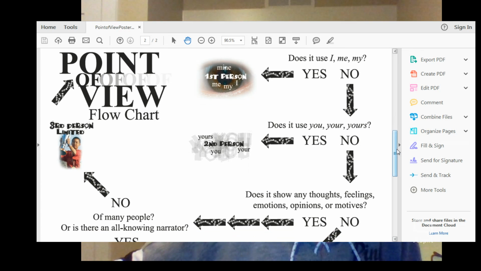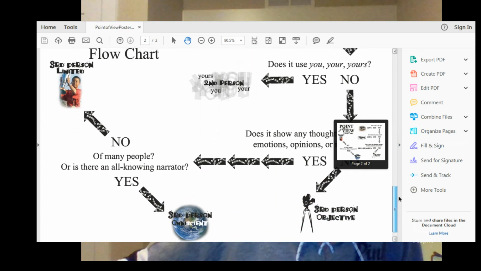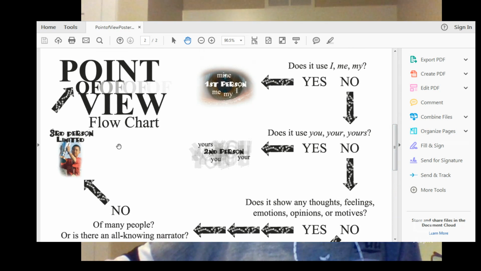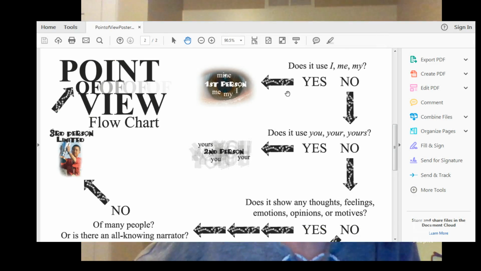Now, here's a little graph that's going to help you know, is this first person, second person, third person, objective, omniscient, or limited? Okay. Does it use I, me, or my? If yes, it's first person. If no, does it use you, your, yours?